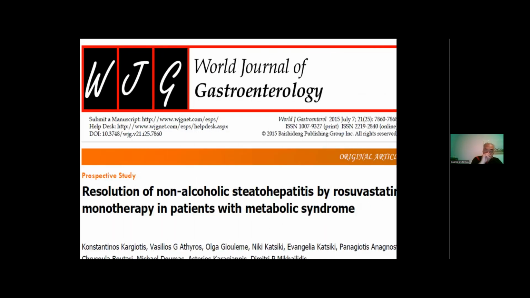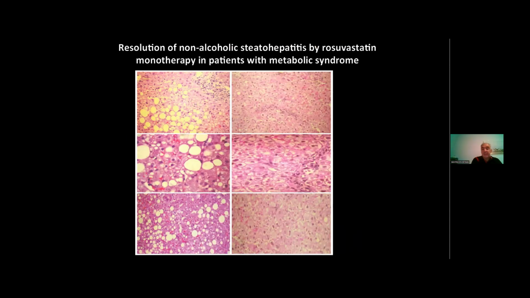And now there's another study here, the resolution of non-alcoholic steatohepatitis by rosuvastatin monotherapy in patients with metabolic syndrome, which showed with histologic findings that the use of rosuvastatin improved the cholesterol and triglyceride levels, of course, but also the hepatic indices, and proved that with the biopsy, which showed a histologic improvement.